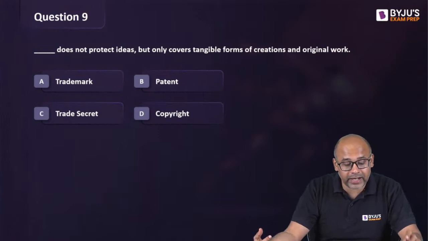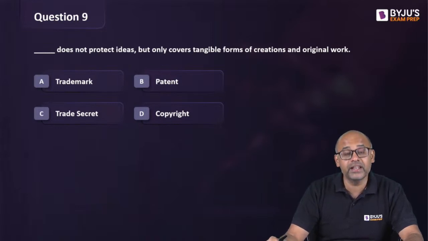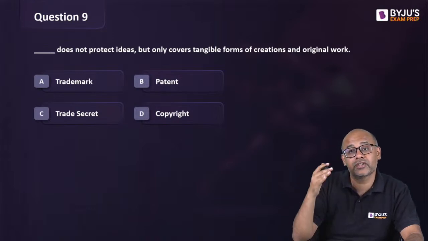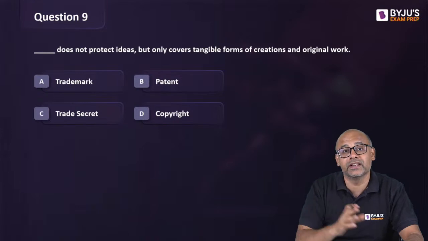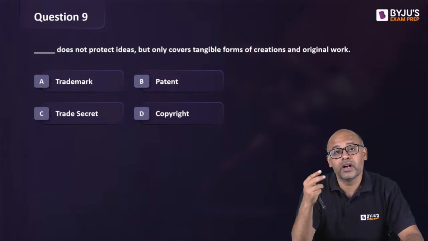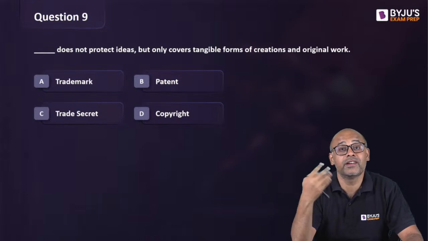This does not protect ideas but only covers tangible forms of creation and original work. We have already seen the different types of intellectual property rights, or IP. We have seen what is a patent. We have seen what is a trademark. We have seen the other things: copyright, trade secret, all of these.